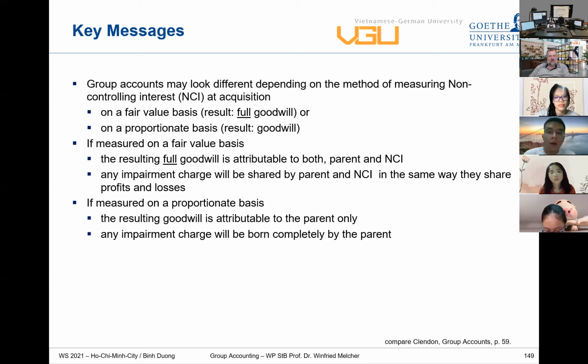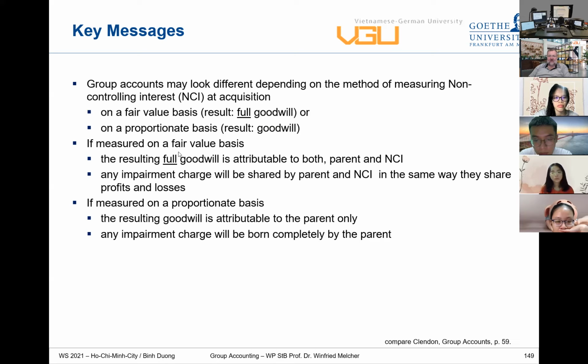So maybe you will have a look, or we should have a look, in the Daimler and in the Wienermilch accounts, whether they base the fair value for the non-controlling interests on the full goodwill or on the partial goodwill method. So please keep that in mind. So it's a difference whether they base their NCI value on a fair value basis or on a proportionate basis.